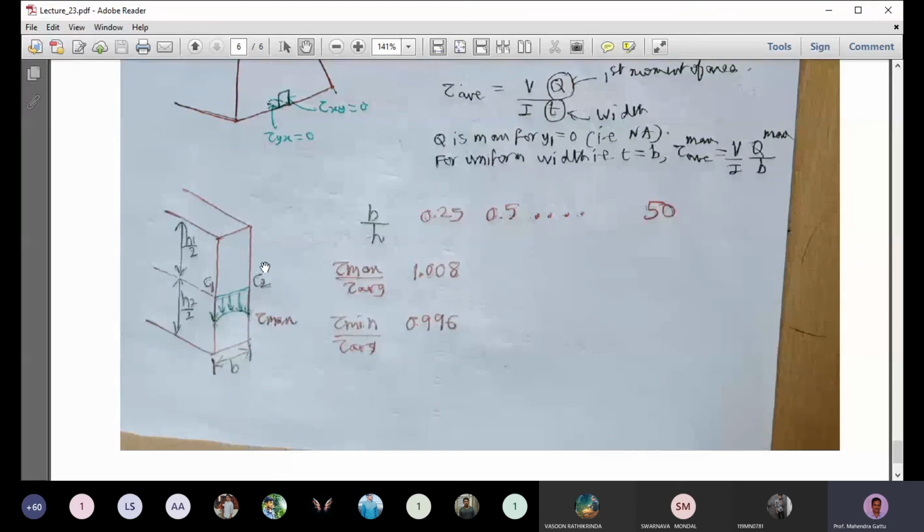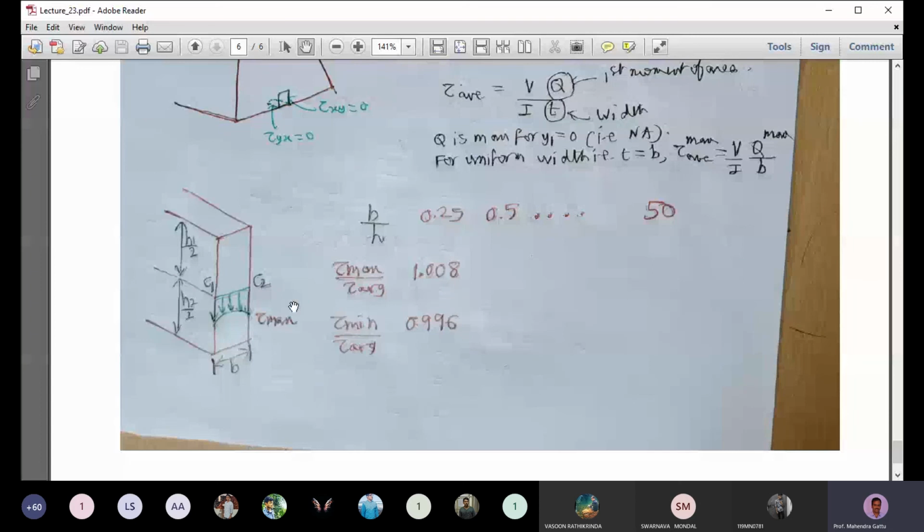As the beam goes from very wide to very thin, the tau max by tau average value is 1.008, and tau minimum by tau average is 0.996. I didn't show the next part of the table, only these values.